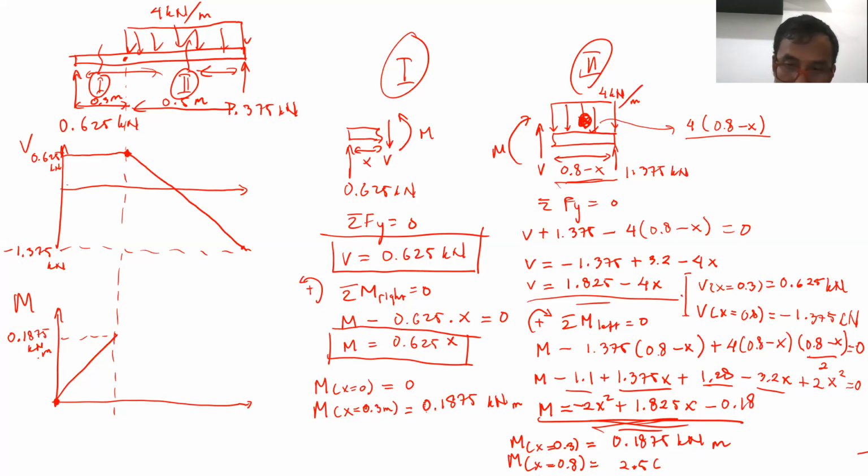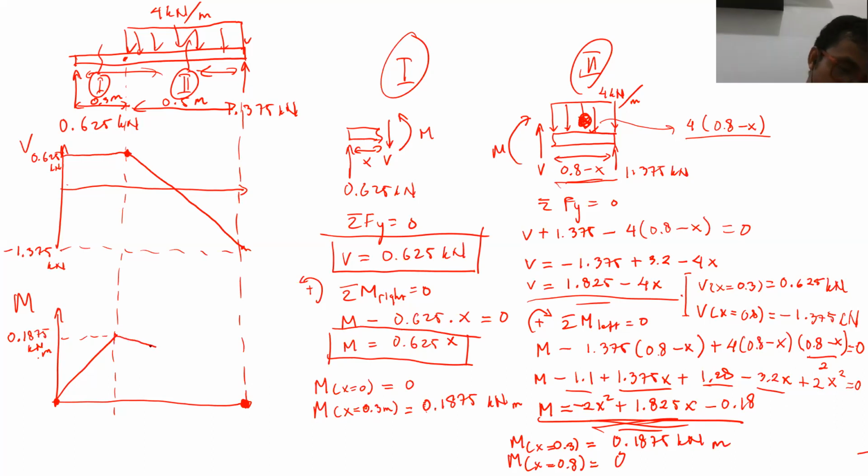The result here is supposed to be 0. Okay, so here we know this is 0 at this particular point. And we know that the quadratic equation is closing, and so roughly the graph is supposed to look like this.